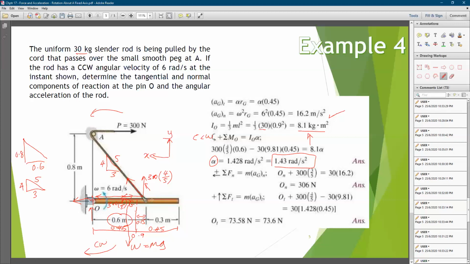The normal force is in this direction, and then the normal force is positive here, and this is the Px, and then equal to m times the normal acceleration of this particular rod, which is already obtained up here, 16.2. Then finally, you can get this value of normal reaction at point O.